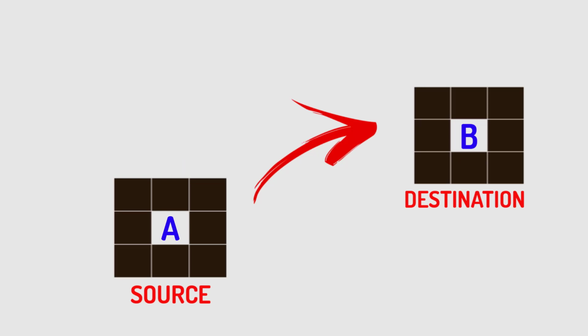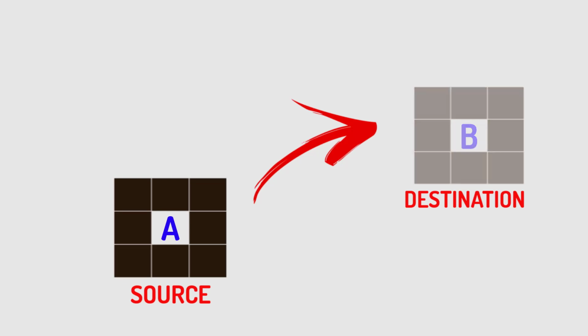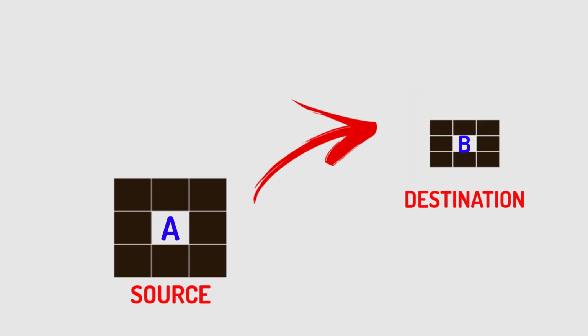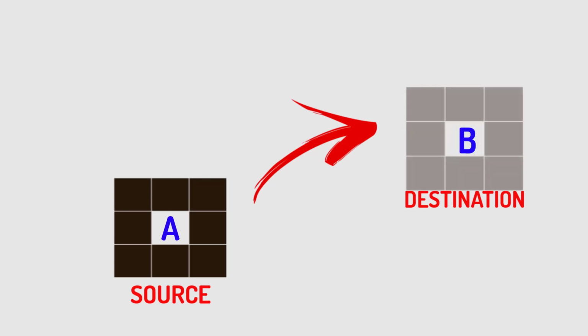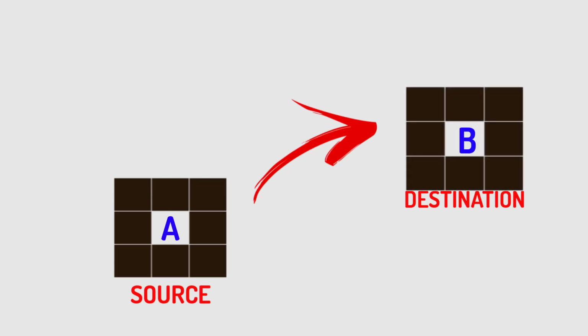Also, the memcpy function doesn't care about the size of the destination memory block. The size could be bigger or smaller than the data. It simply copies the data as a block of memory, which could be small or big in size, from the source location to the destination required.